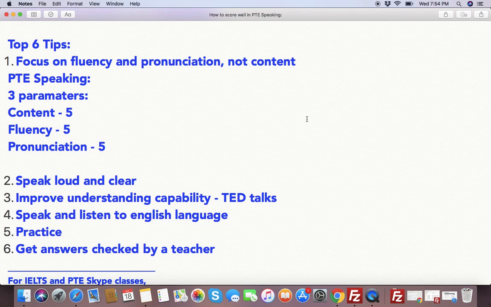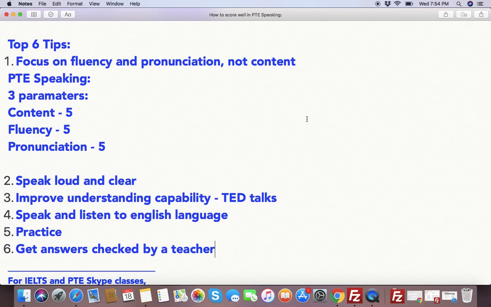Again, to give you an overview, number 1, focus on your fluency and pronunciation, not content. Stop worrying too much about what you're going to speak. Just speak it out with good fluency and proper pronunciation. Number 2, speak loud and clear. Okay, do not hesitate to disturb others. If this is what you have to do to get the score, then let it be. Number 3 is to improve your understanding capability. Listen to TED Talks.